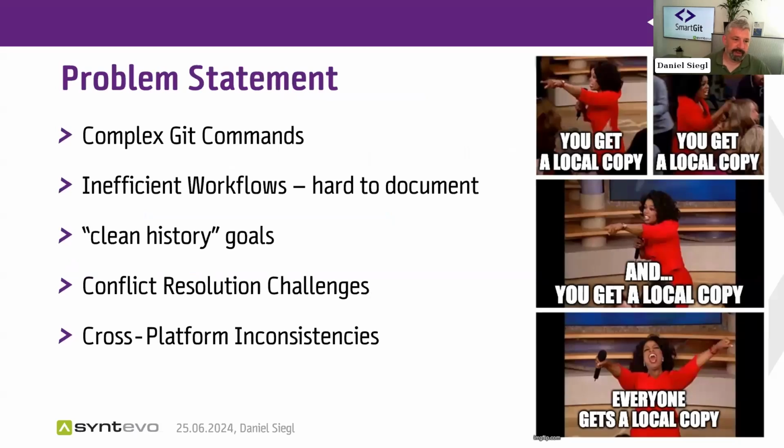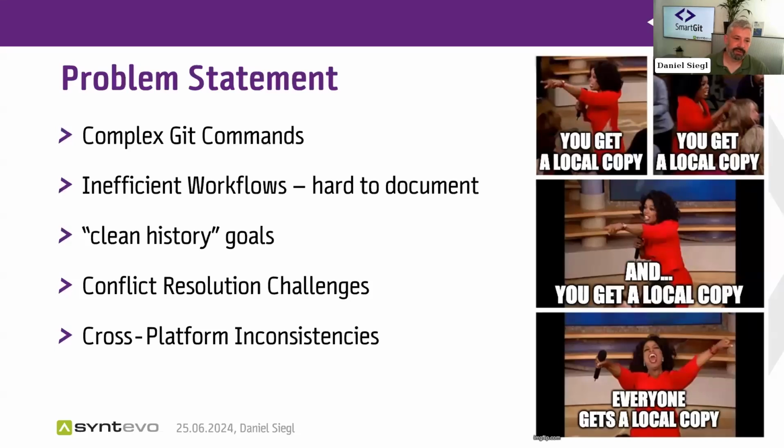What was the problem statement before we started the development of the standard window? We all know Git can be pretty complex if you want to do advanced stuff. Some of our older flavors of the Git UI were very, very powerful, but not necessarily perfect for people that are starting, or that have to follow a process defined by their organization.